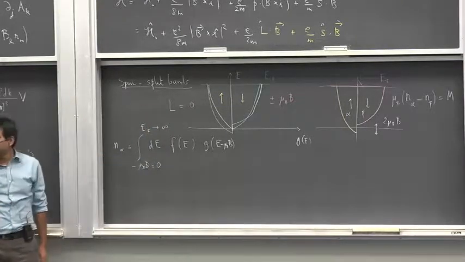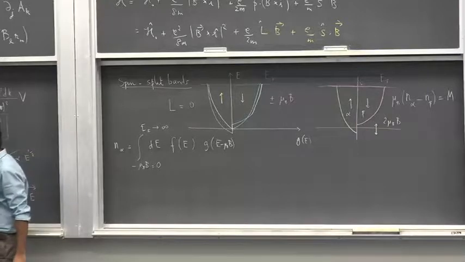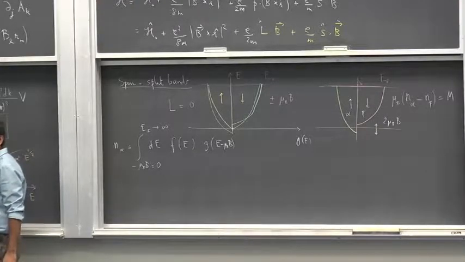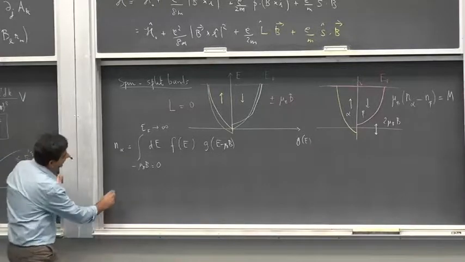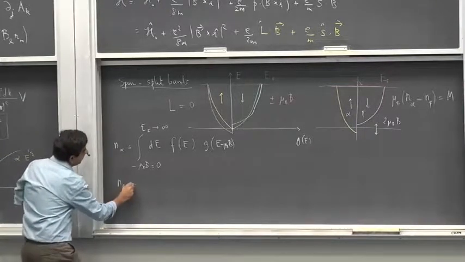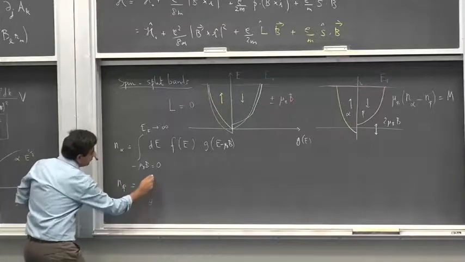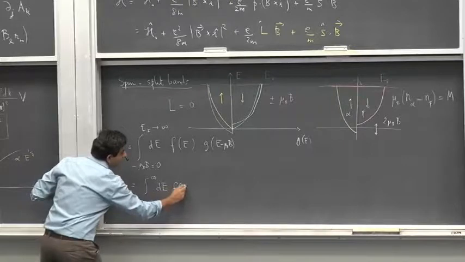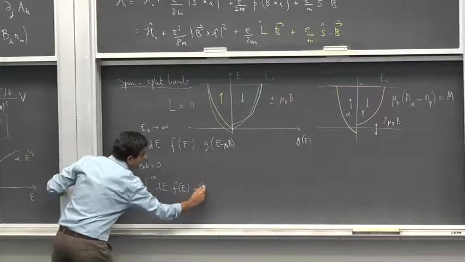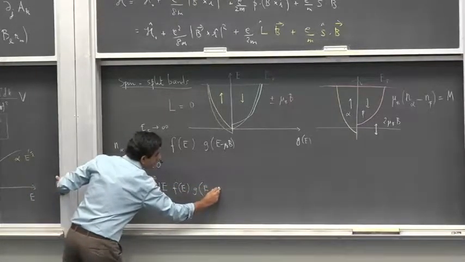Because the Fermi-Dirac distribution is a step function, it goes to 0 beyond EF. So I can take the integral all the way up to infinity, because here the probability density is 0 anyway. So this just eases out the integrals. Likewise, n beta is going to be equal to the integral from 0 to infinity dE Fe G of E plus mu B B.